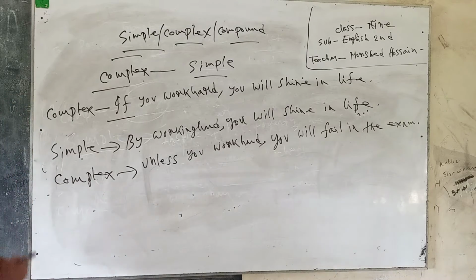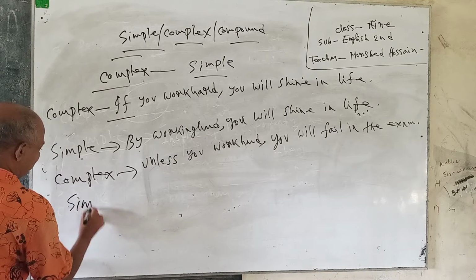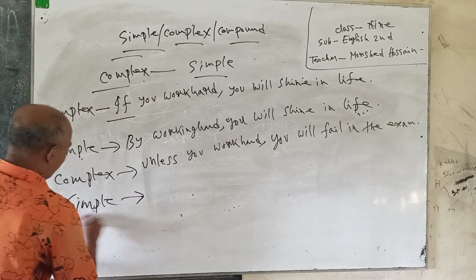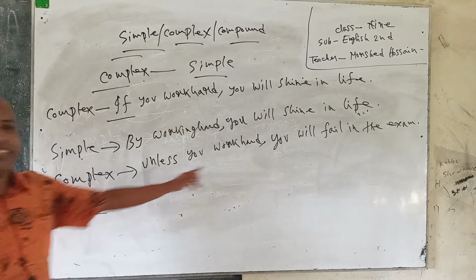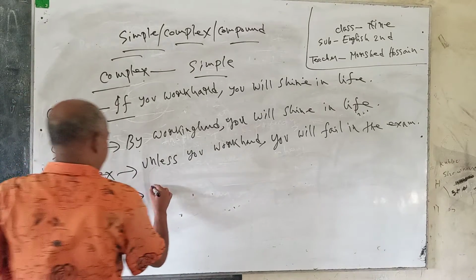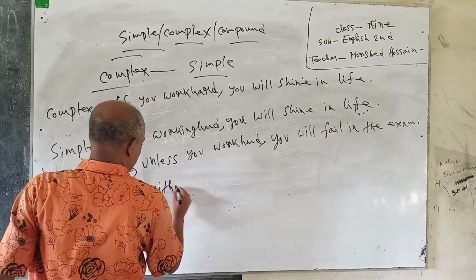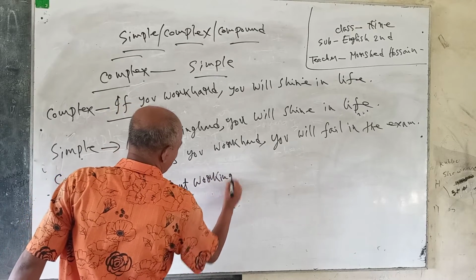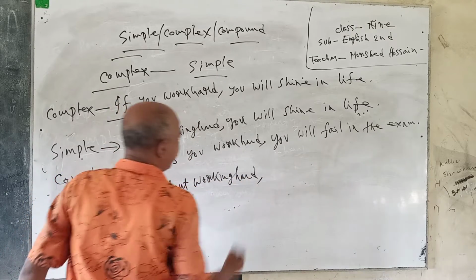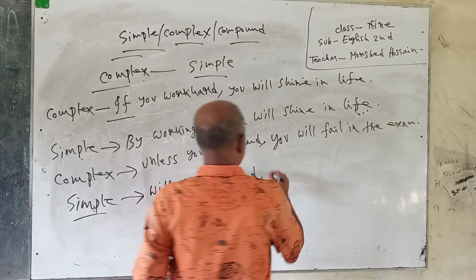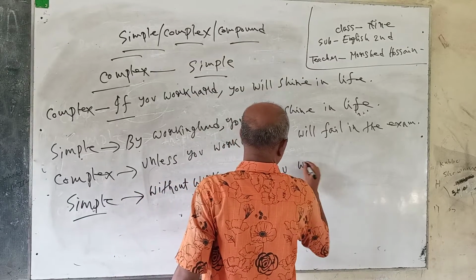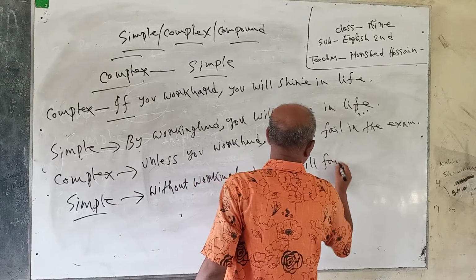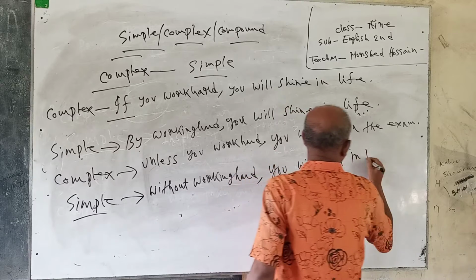So learners, if in a complex sentence there is if, it will change into by plus gerund. If in a complex sentence there is unless, in the simple it will change into without plus gerund. Without working hard, you will fail in the exam.